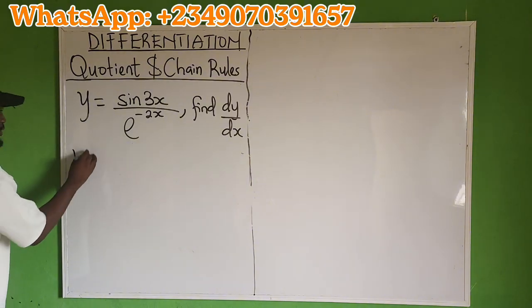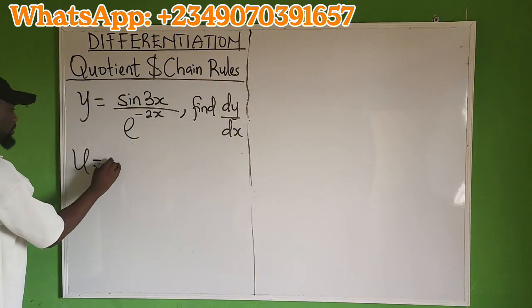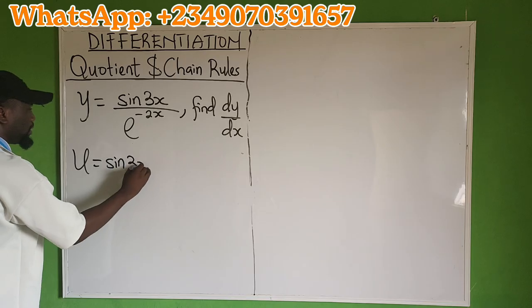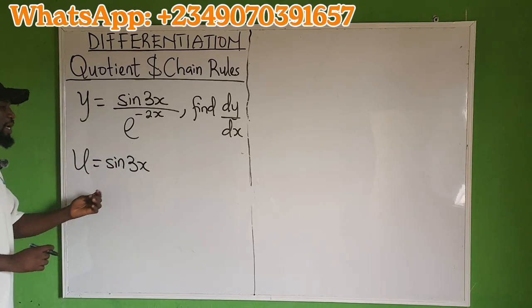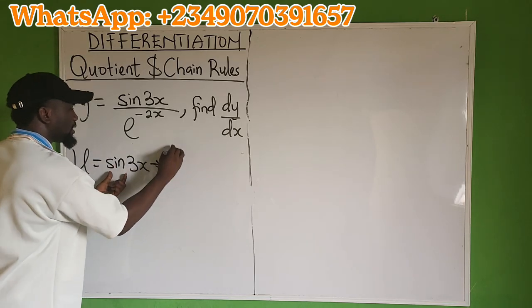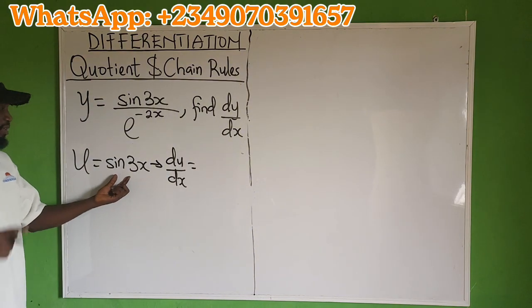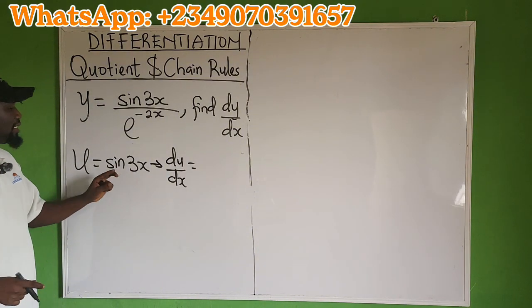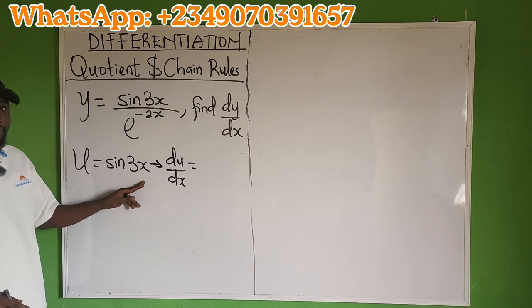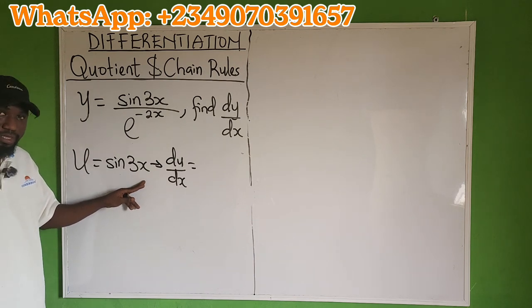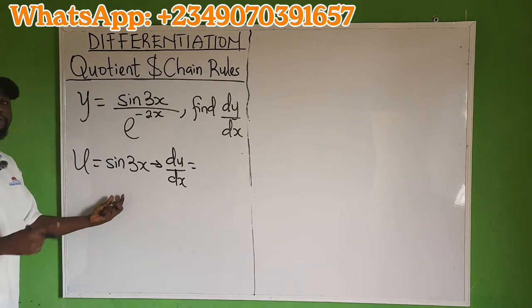So the numerator now is u. U is equal to sine 3x. And if I want to find du over dx for this, I want to differentiate u with respect to x. Remember what I said earlier. Let's say this one is sine x. That will give us cos x. But in this case now, normally we are going to use the chain rule.